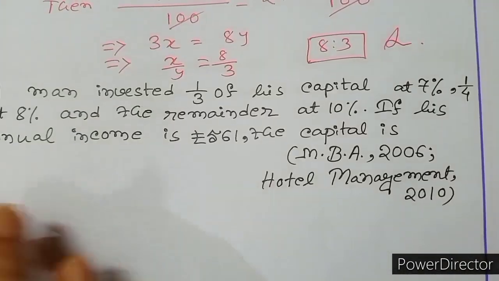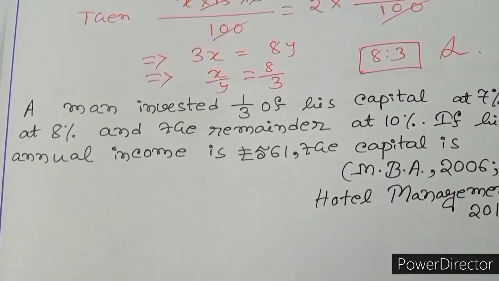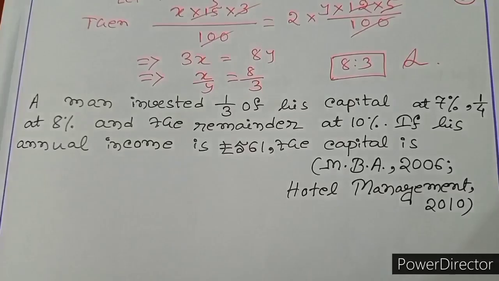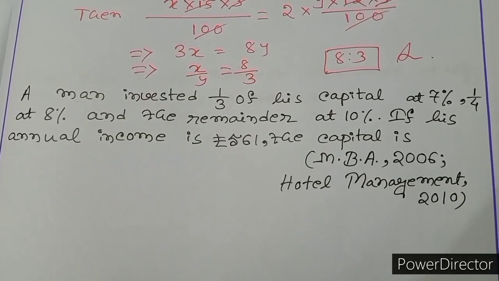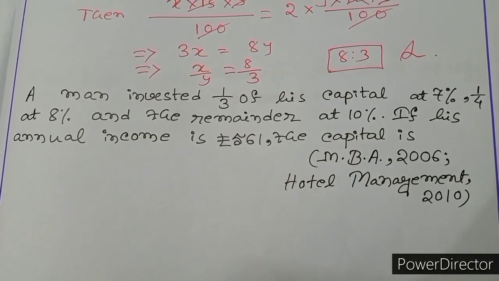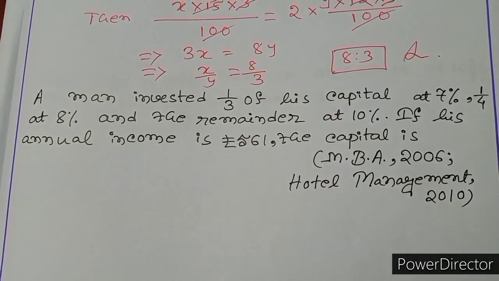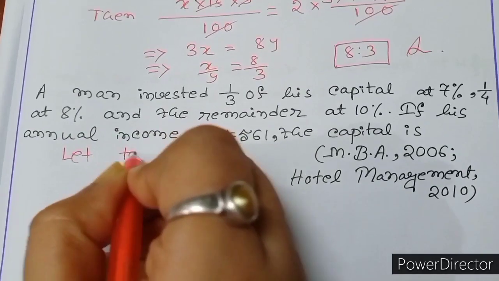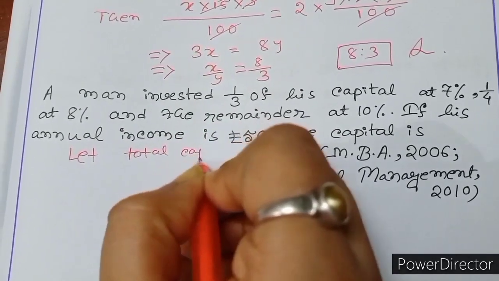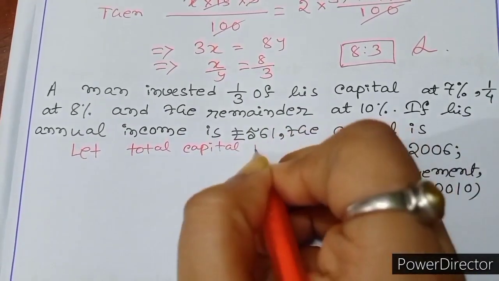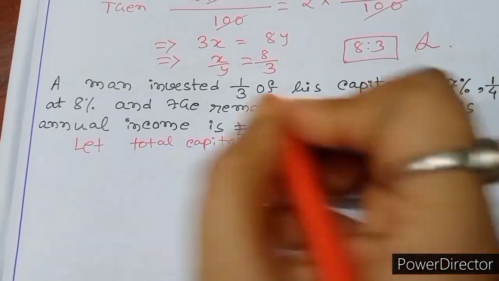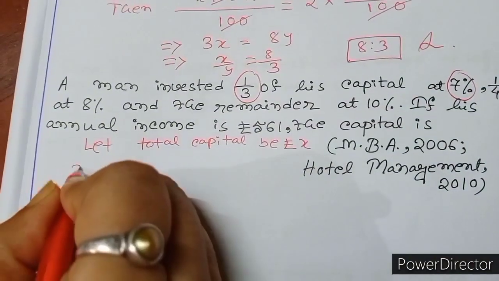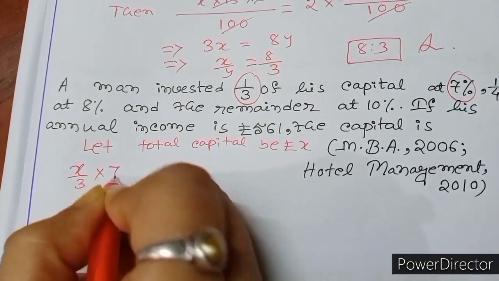A man invested 1/3 of his capital at 7%, 1/4 at 8% and the remainder at 10%. If his annual income is 561, then the capital is? Here also we assume let total capital be X. 1/3 of his capital at 7% means X by 3 into 7.